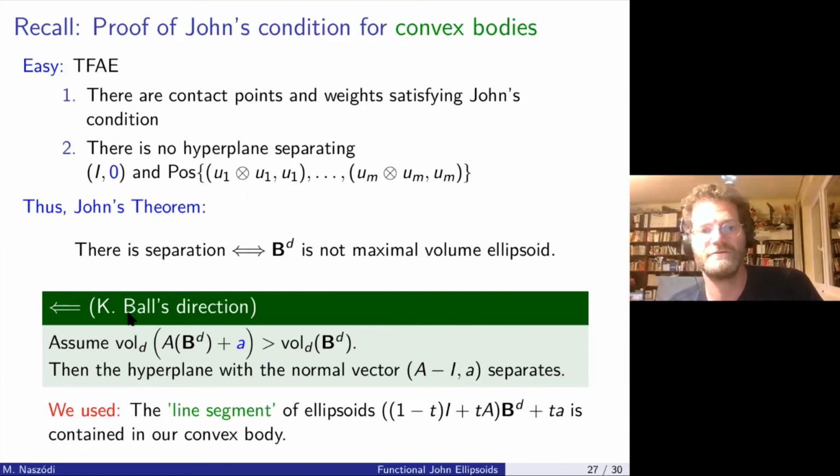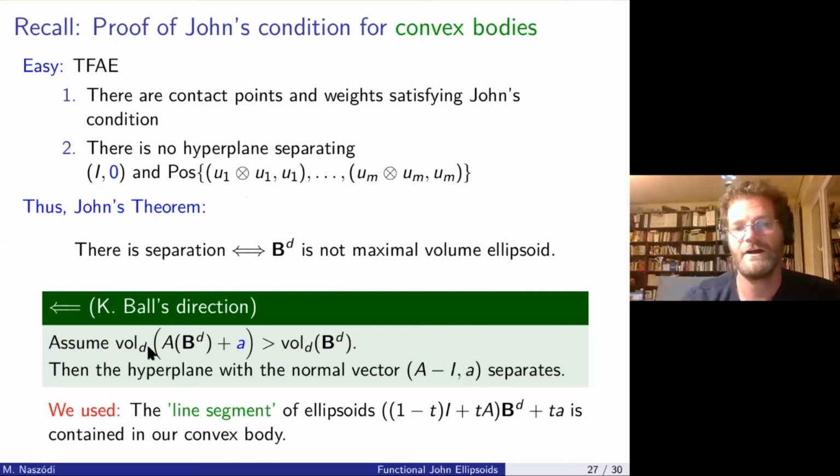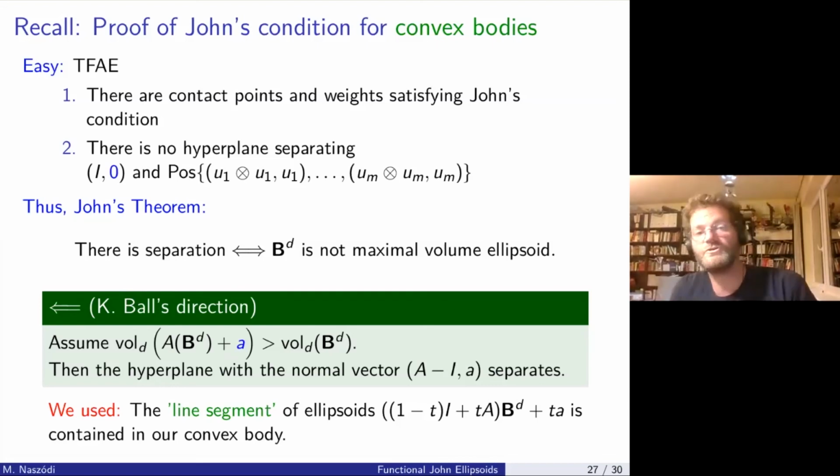So how did he do that? He said, well, assume that there is a bigger ellipsoid, and then we want to show that there is separation. And the way to do it is that he said take this hyperplane with this normal vector, and then it will separate. And here it is used that this line segment of ellipsoids.